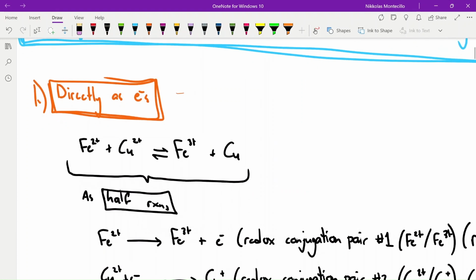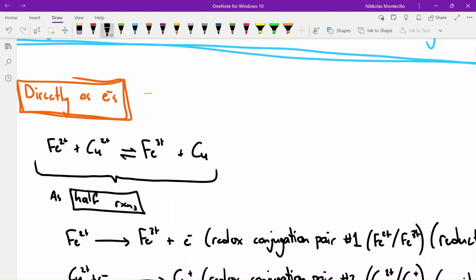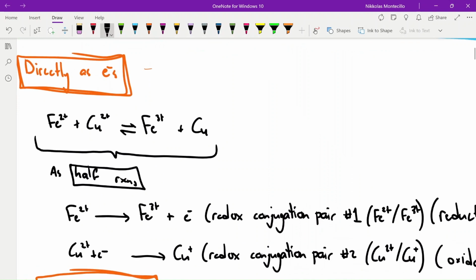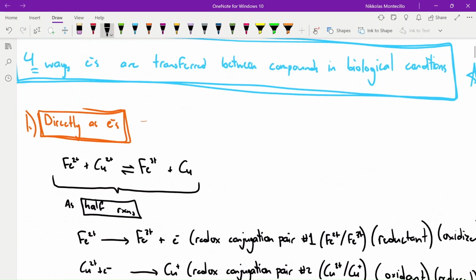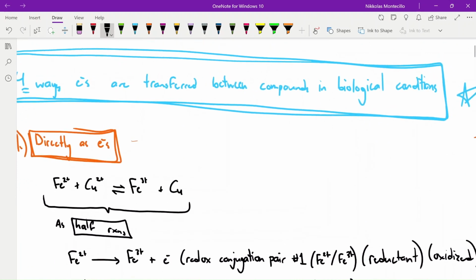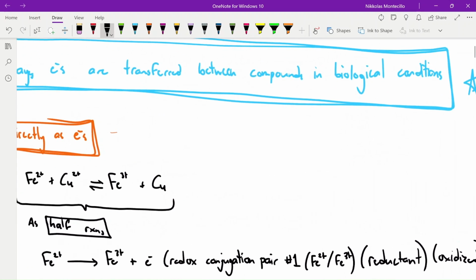We can see that the oxidation state of iron increases from 2 to 3 because it loses an electron. Then this electron participates in the second reaction, where copper is reduced by this electron, forming Cu+. So in this case, iron tends to be the reductant, and copper is the oxidant.